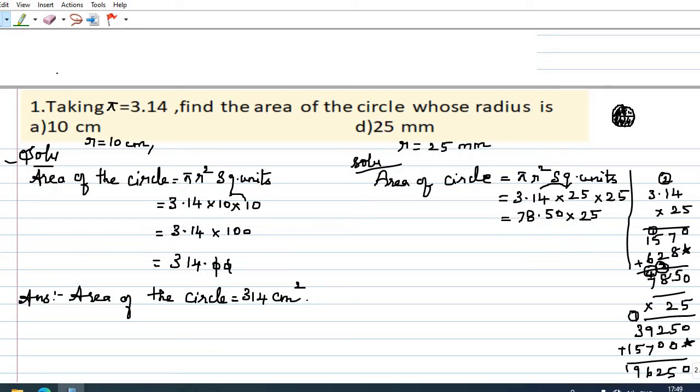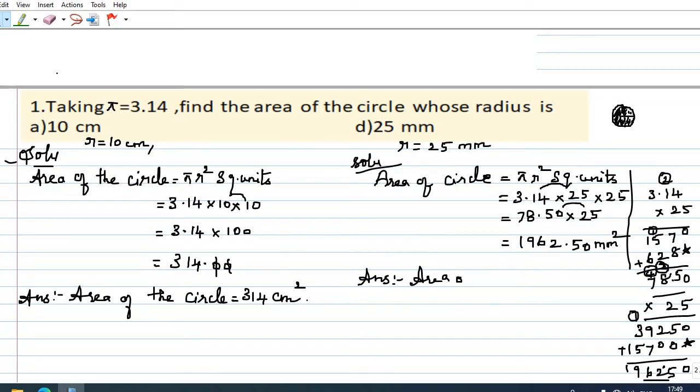So listen children, 2 digits after, I am going to keep the decimal. So when I multiply these two, what is my answer? 1962.50. Write the unit. What is the unit given here? Millimeter square. Now you can write the answer.